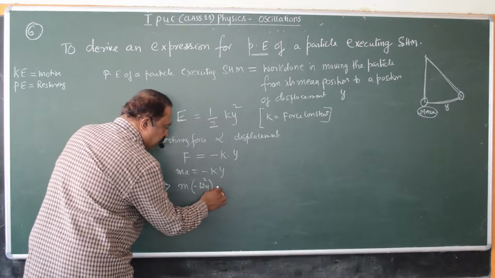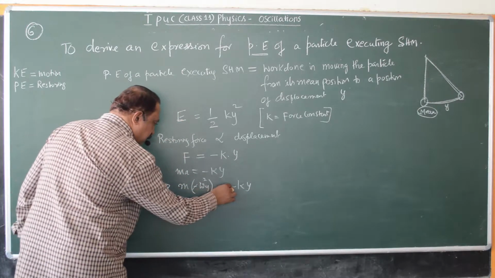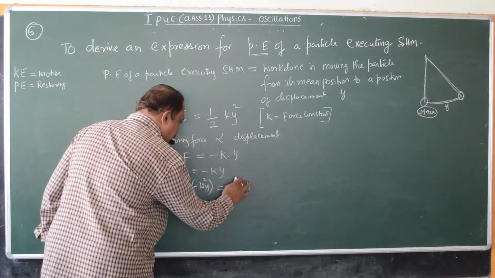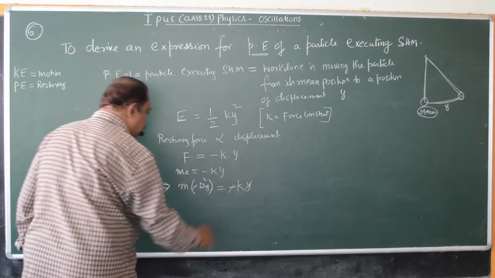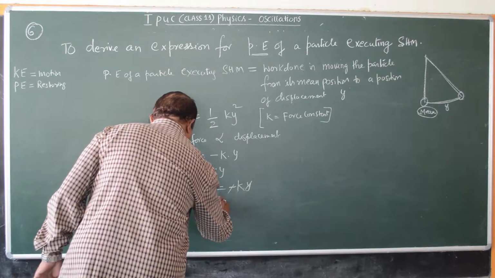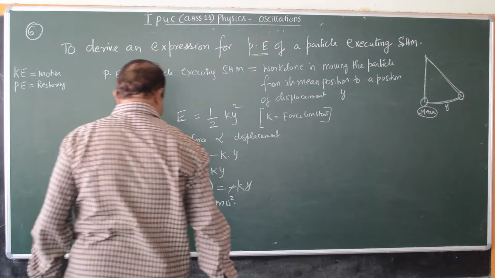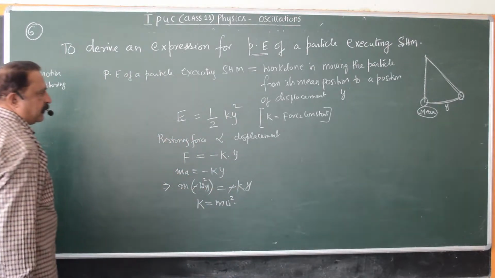This expression we have already derived. So m times minus omega square y is equal to minus k y. Take off the minus sign on both sides, y and y cancel out. So now we are left with k is equal to m omega square.